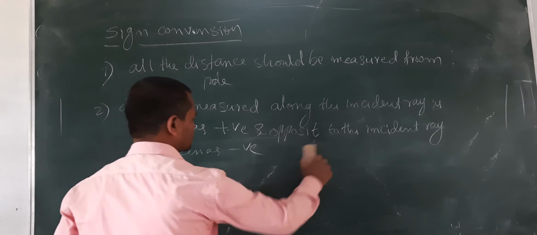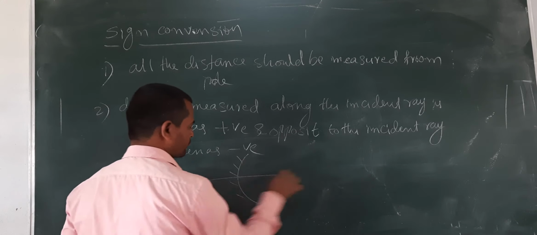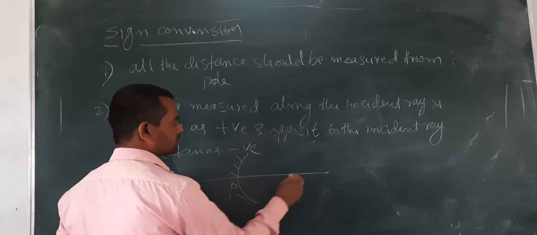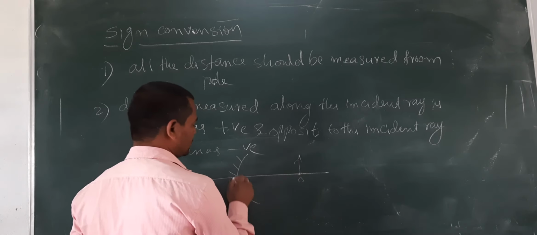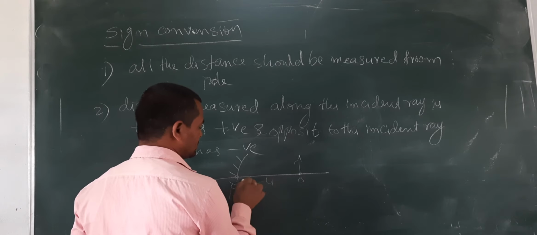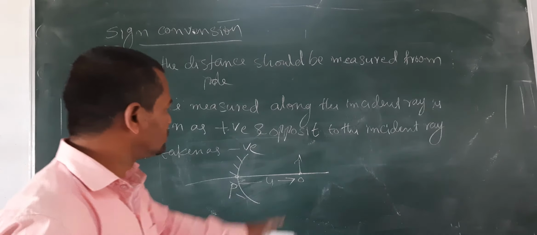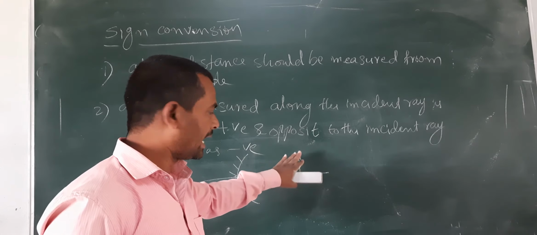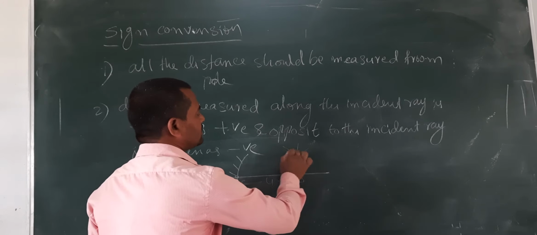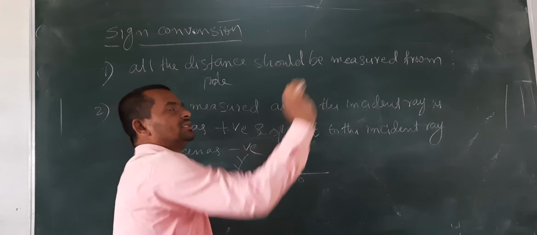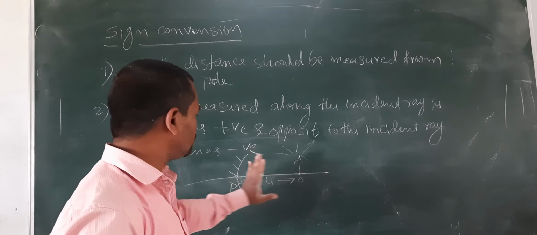Let me explain. Same example: it is a pole, and it is an object, and let the distance be u. The light rays from the object move in all directions, but we need only the rays which are coming towards the mirror.